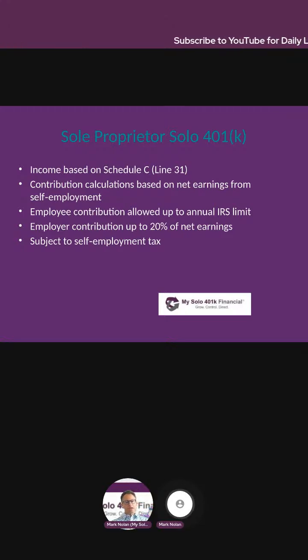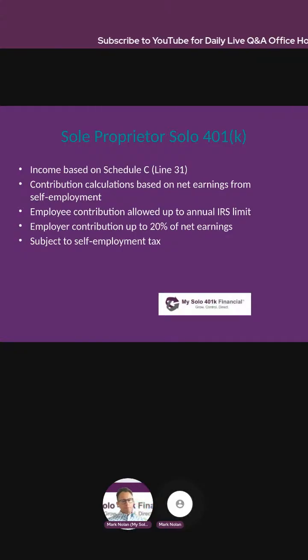Once you know that figure, you then subtract 1/2 of self-employment income tax from line 31. Our online solo 401k contribution calculator will calculate the contribution for you once you type in line 31 of that Schedule C.